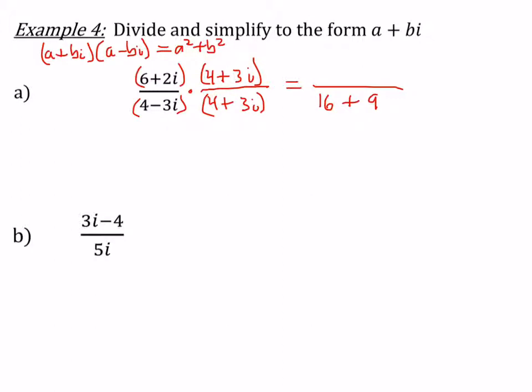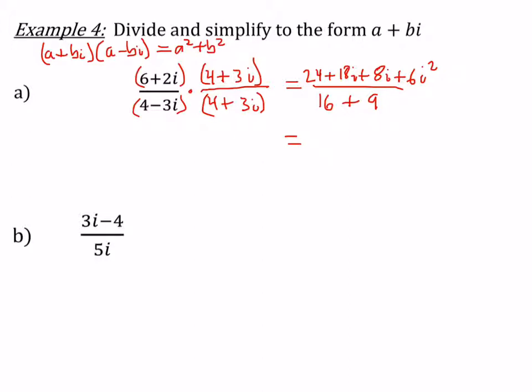Well, let's go ahead and multiply the top out here. We get 4 times 6, 24. We get 6 times 3i, that's 18i. In the middle, we've got 2 times 4i, that's 8i. And then at the end, we've got 2i times 3i, that's 6i squared.